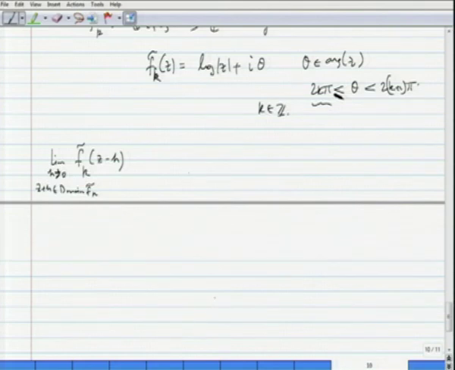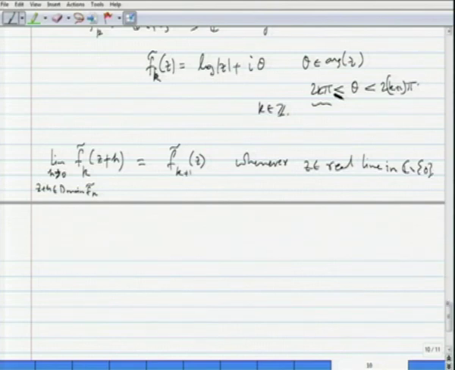Okay. So, this z plus h here is equal to f_(k+1) tilde of z whenever z belongs to the real line in C minus 0.